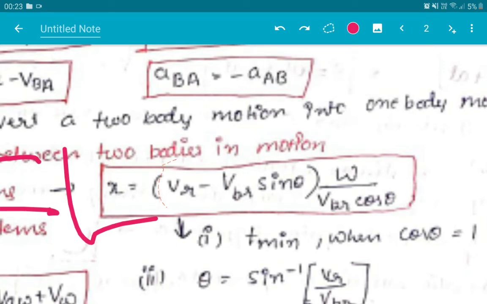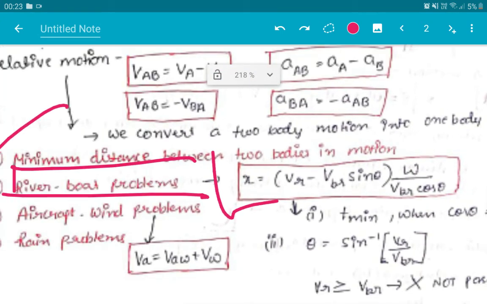Here Vr is the velocity of the river, and Vbr is the velocity of the boat with respect to river, sin theta and Vbr cos theta. So if you do one or two problems by using this sum, then you can understand.